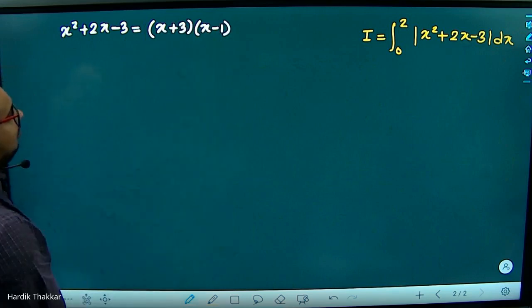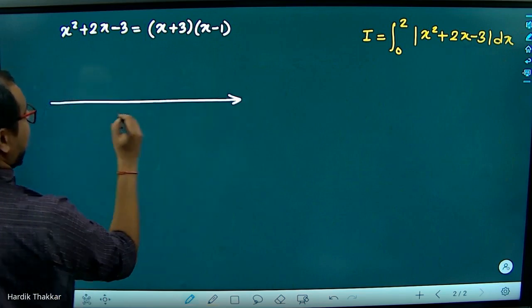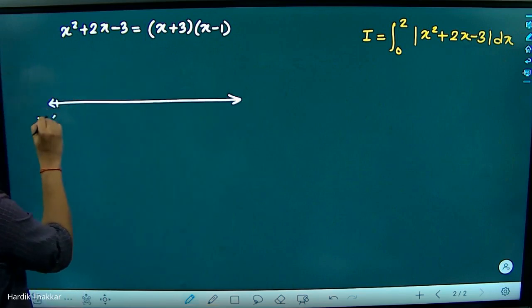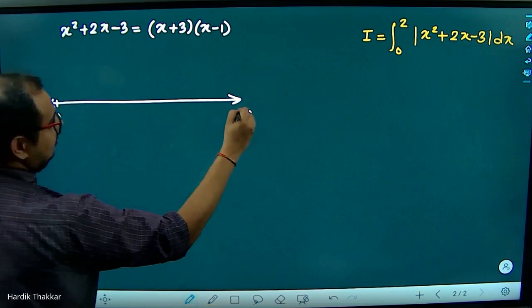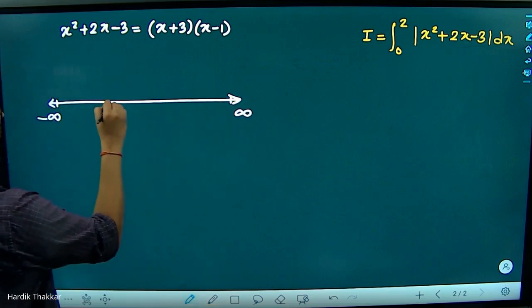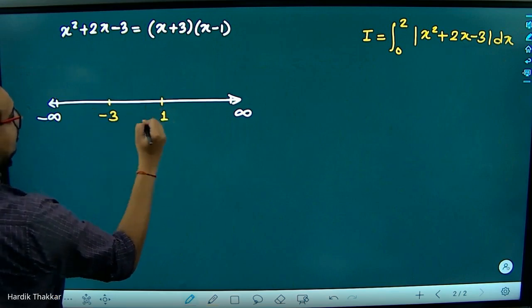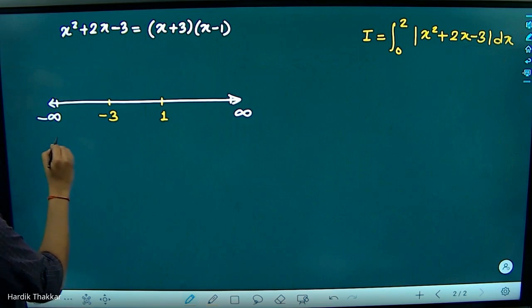These will be the factors. Further, we will locate these factors on the number line. So the critical points are minus 3 and 1.